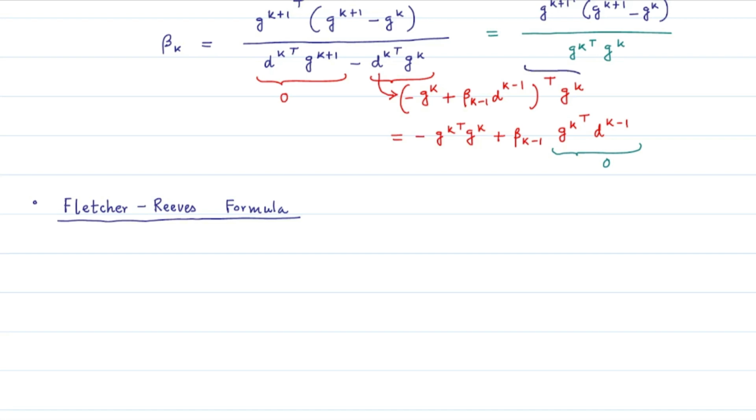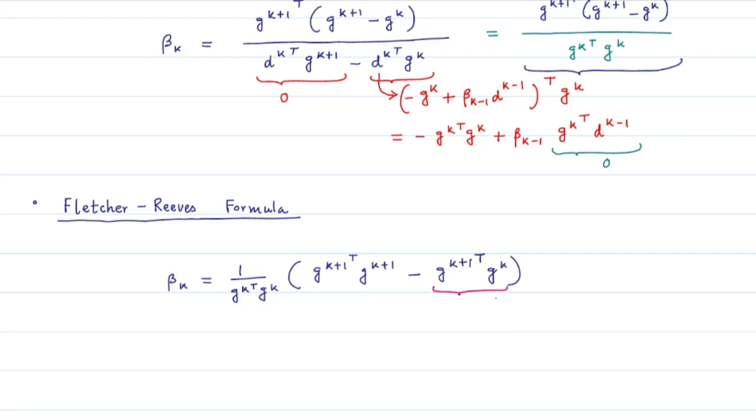You start with the Polak-Ribiere formula, then consider an expanded format of the numerator, g_{k+1} transpose g_{k+1} minus g_{k+1} transpose g_k, where the second term by the expanding subspace theorem can be proven to be equal to 0.